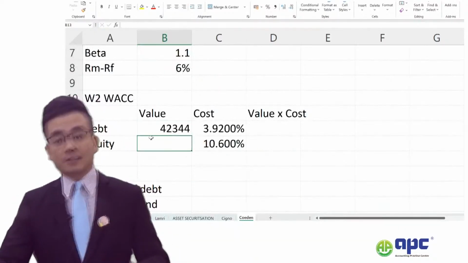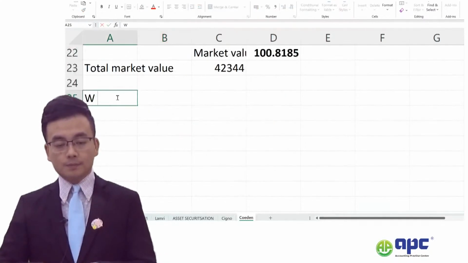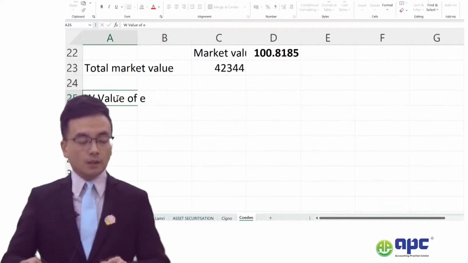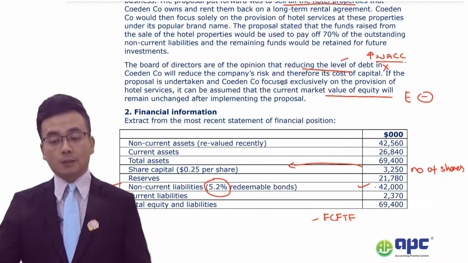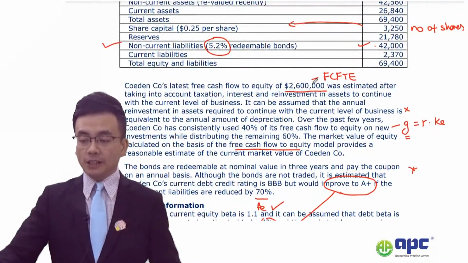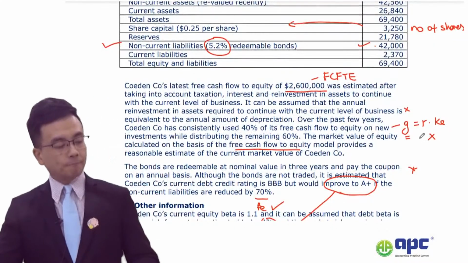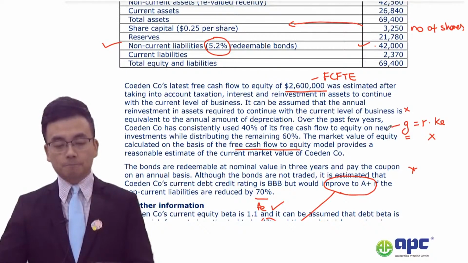How about the value of equity? Now start working on this. The value of equity here, we are given what? We are given free cash flow to equity. And we need to calculate the growth rate on this, because we know the cost of equity and it's absolutely fine there.